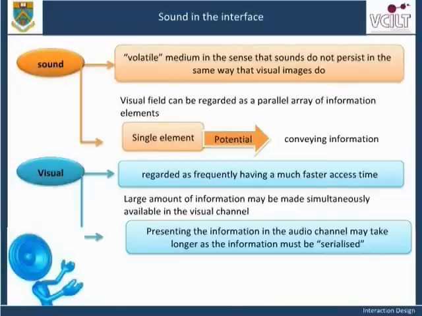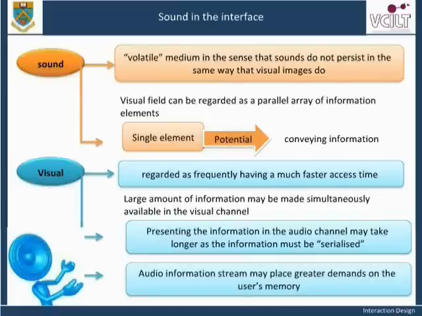A further implication of this is that an audio information stream may place greater demands on the user's memory while listening. To understand part of a message, the user must remember what has gone before. When reading a visual display, the parts previously read remain visible.